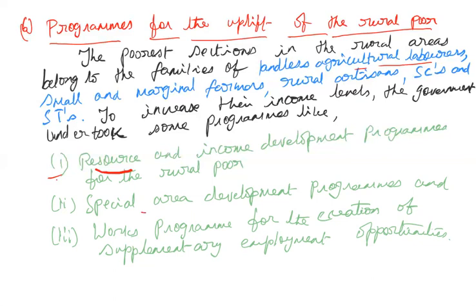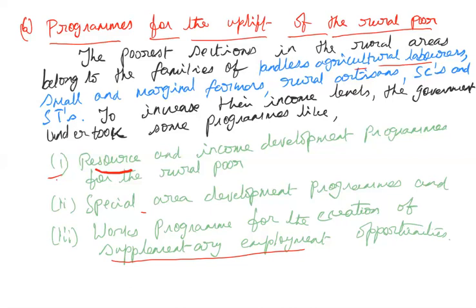And the third one is the works program for the creation of supplementary employment opportunities. We all know that agriculture is a seasonal occupation. Only till the harvest, maybe for 5 or 6 months, they are having a job. The remaining 6 months, they don't have any job. So during the remaining months, supplementary employment opportunities will be provided to the poorer sections of the population. What are these opportunities?